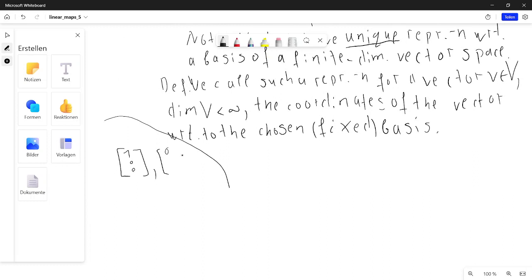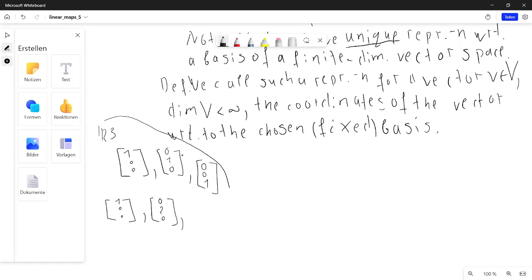It is in general not the case that vectors have the same coordinates with respect to different bases. Take something very simple, which you could have come up with yourself.